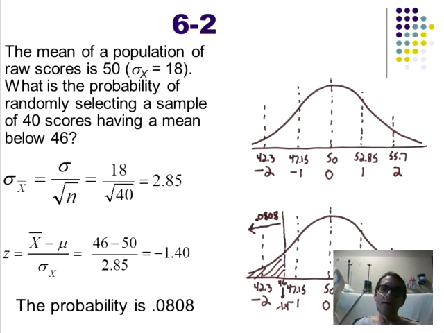When we look it up, remember what we find in this chart is the distance between the score and the mean. However, this question is not asking for the distance between the score and the mean. This question is asking how big is the tail, or what is the probability of randomly sampling a score this low? It's asking what's the probability of getting anything to the left of this point.